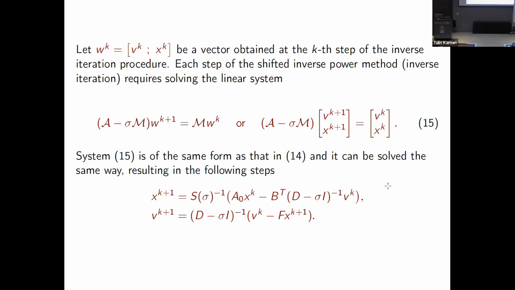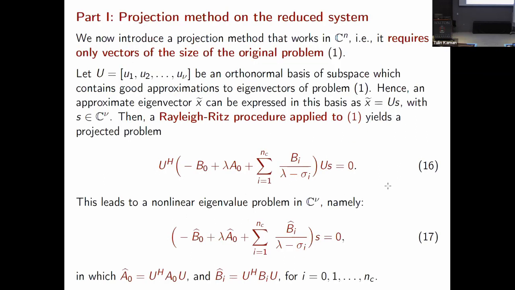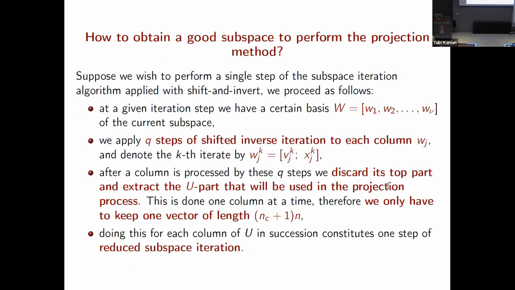And what it ends up in is that if we also use some projection ideas, Rayleigh-Ritz projection in between, we end up with a very small problem. We actually end up solving those linear systems, reducing it to not the full size n of the linearization, but we can do it one column at a time. We only have to keep one vector of length (nc+1) times n.